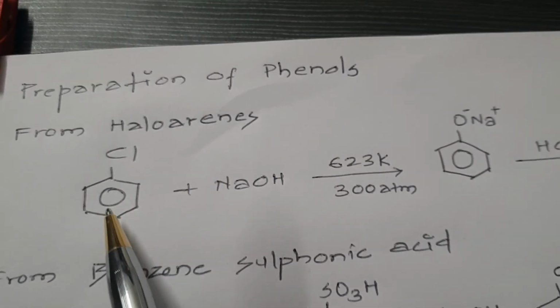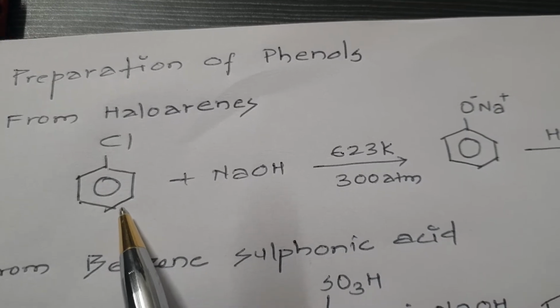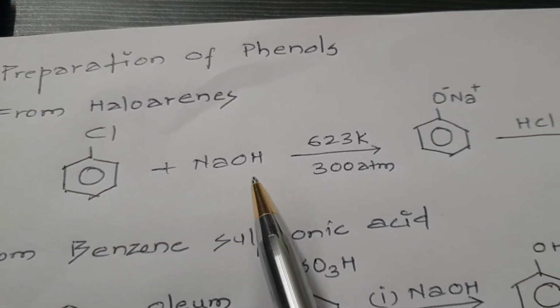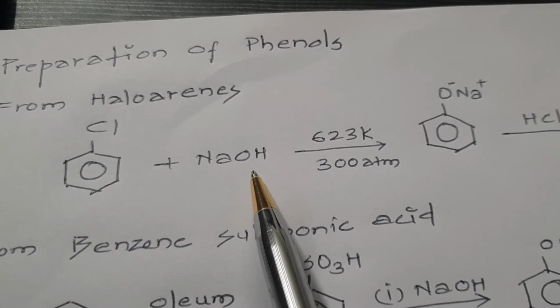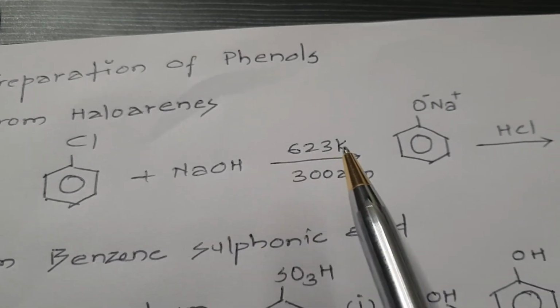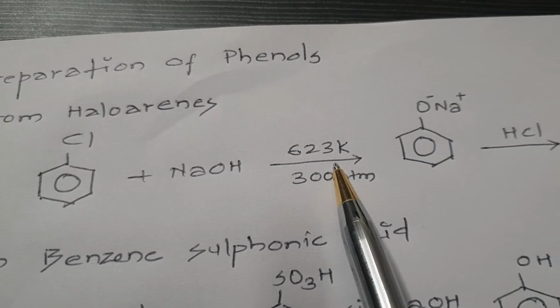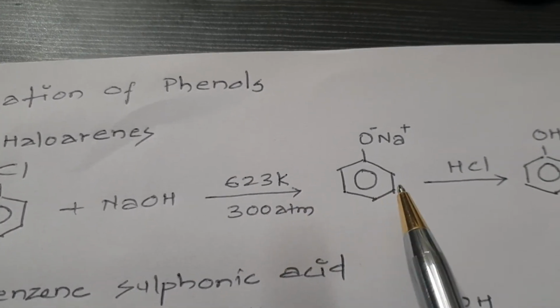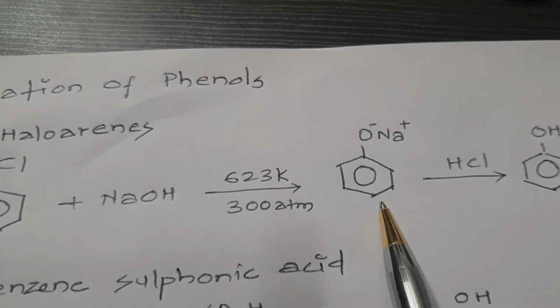We have taken example of chlorobenzene. Chlorobenzene on reacting with sodium hydroxide at 623 kelvins and 300 atmospheric pressure gives you sodium phenoxide.